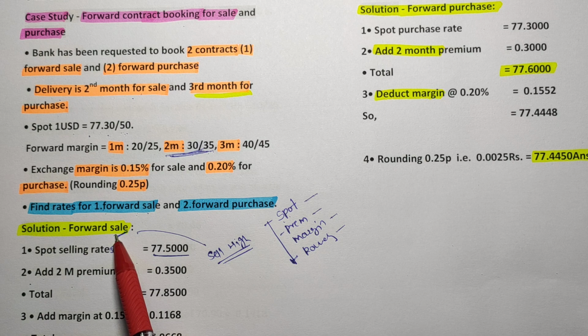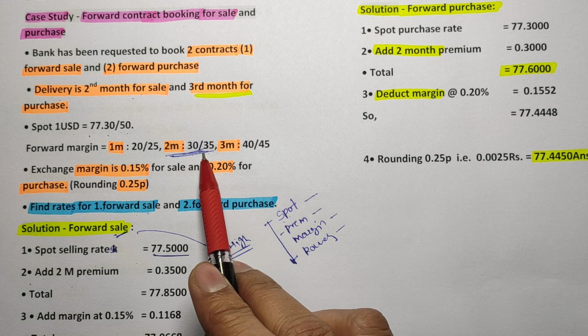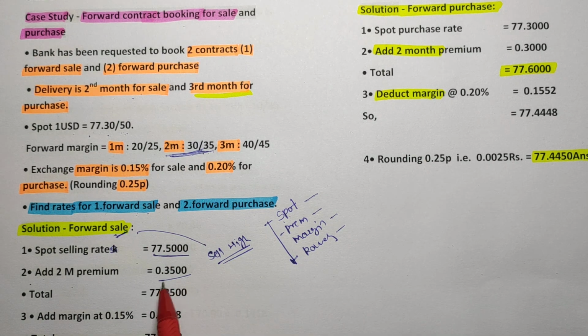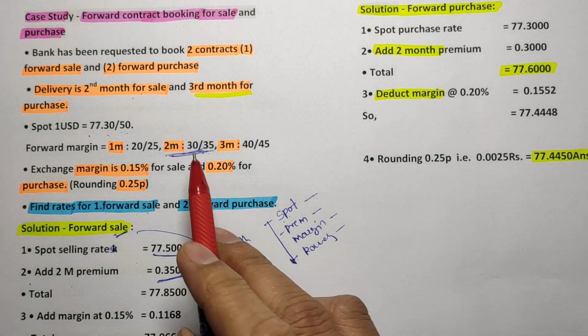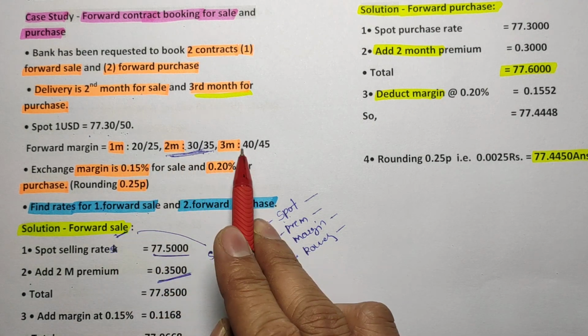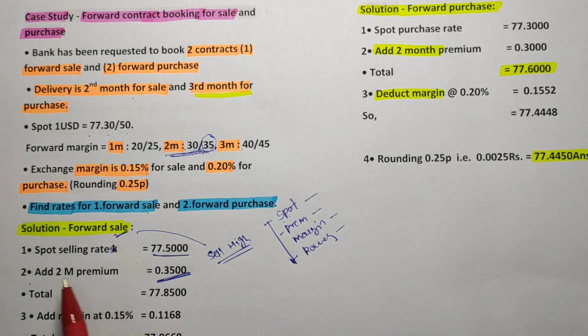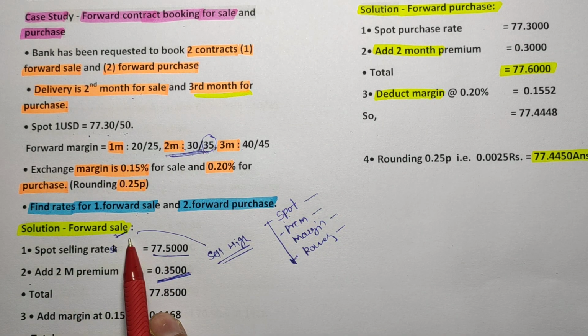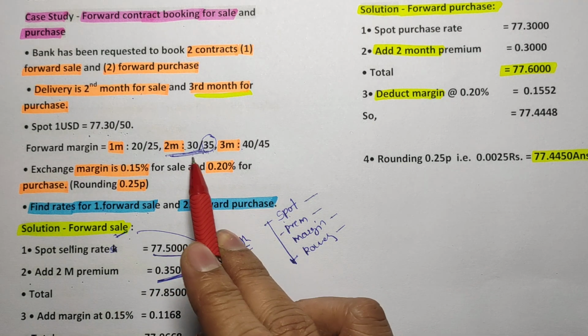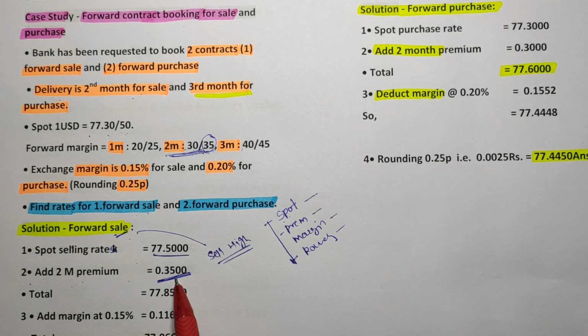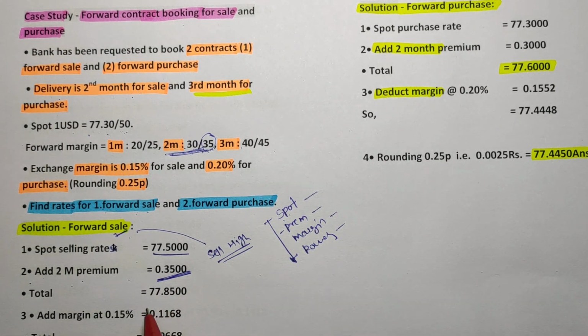We are doing sell, so take the highest value, 35. So 0.3500. These values are always in points, so just take 0.3500. We have taken this because in a sell we have to sell high. Now just add. 77.50 plus 0.35, you will get 77.85.